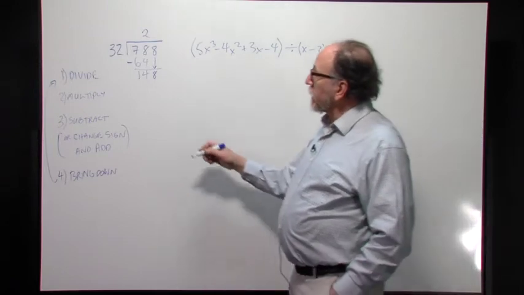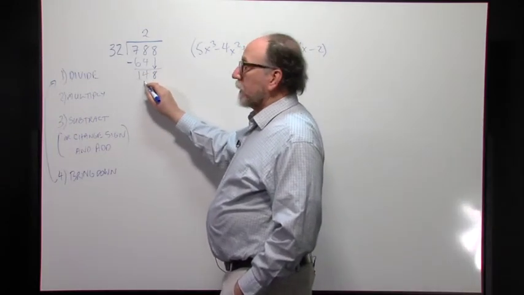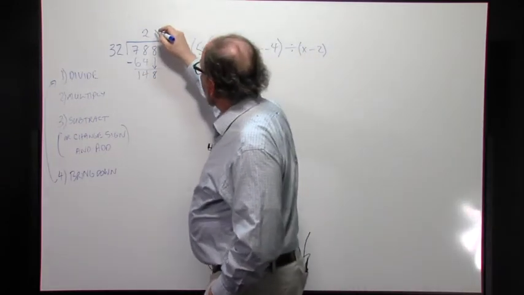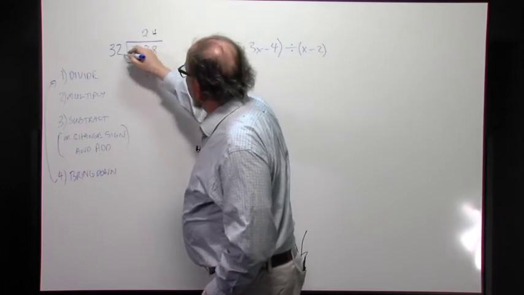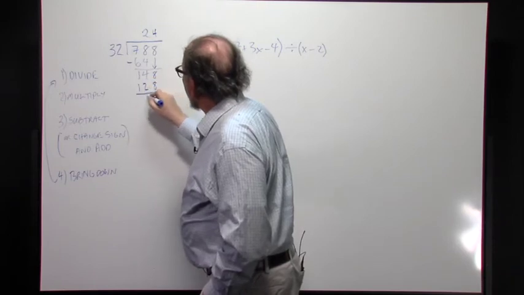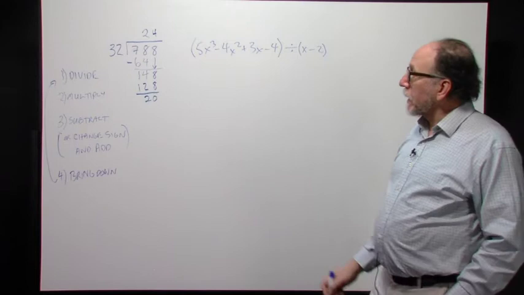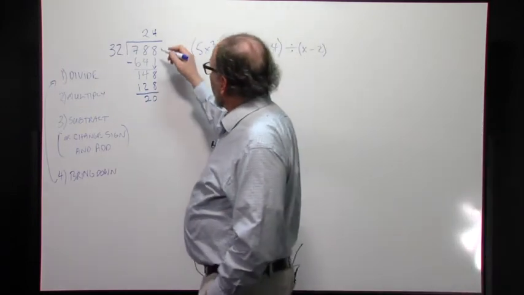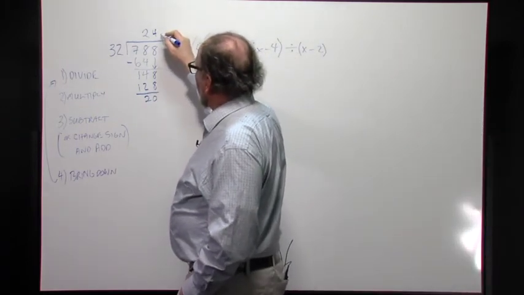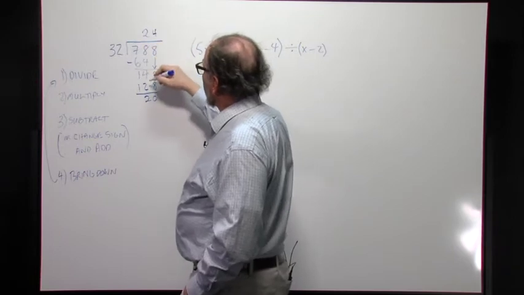So let's just finish this off. 3 goes into 14 4 times. Let's see if that works. 4 times 2 is 8, and 4 times 3 is 12. That leaves us with 20 as a remainder. Okay, that problem is finished except for the add-on here. We would add on a fraction of 20 32nds.